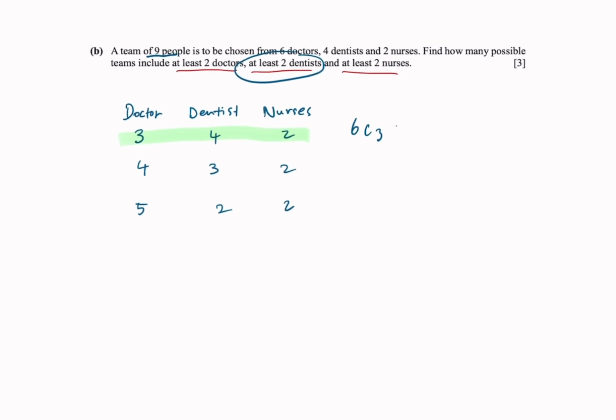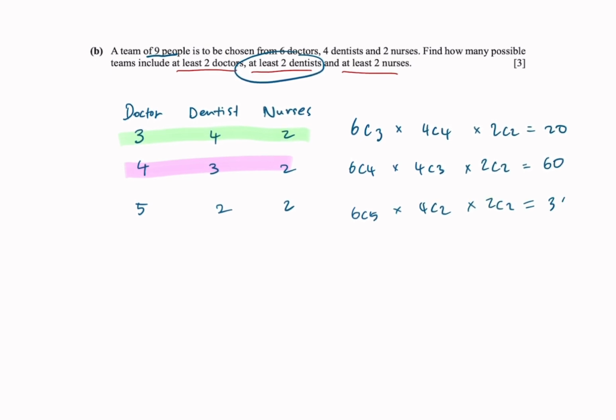So it'll be 6C3, and then 4C4, and 2C2. Next line is 6C4, 4C3, 2C2. It's honestly the same, so you can just calculate it. And then you add 20, 60, and 36, which will give you 116. And that's the final answer.